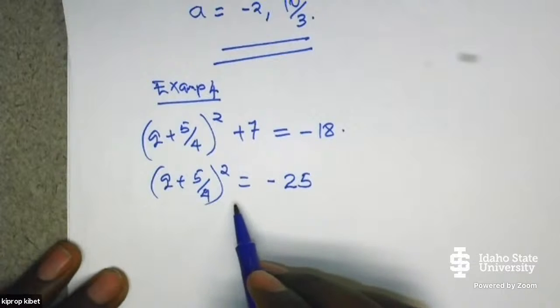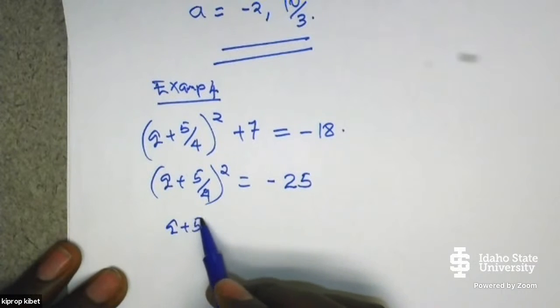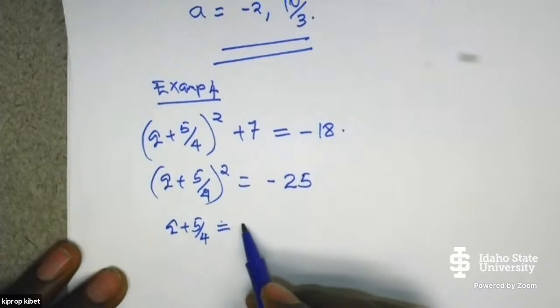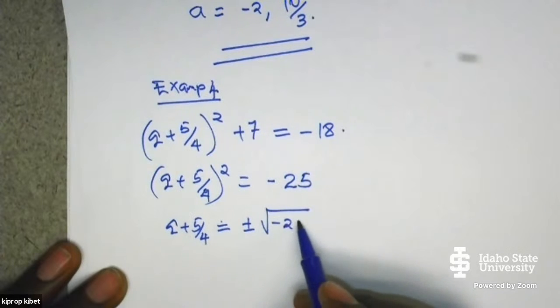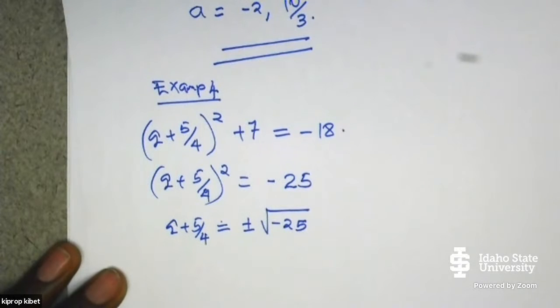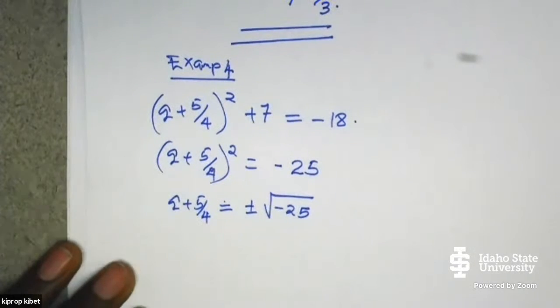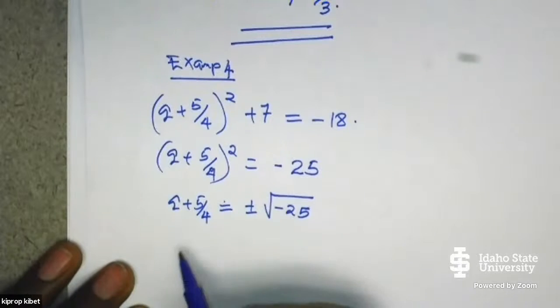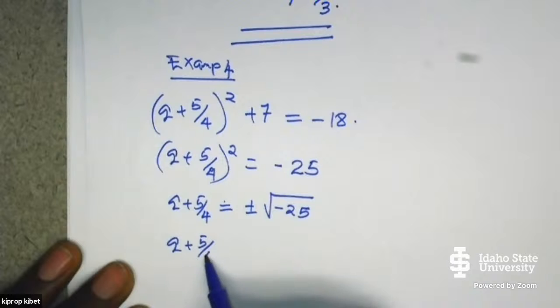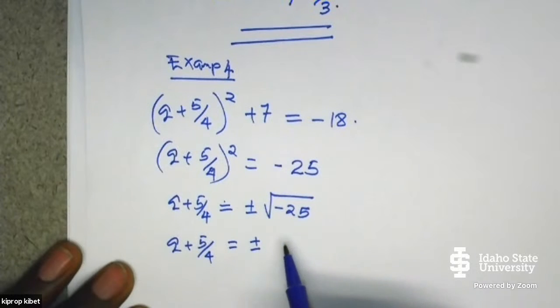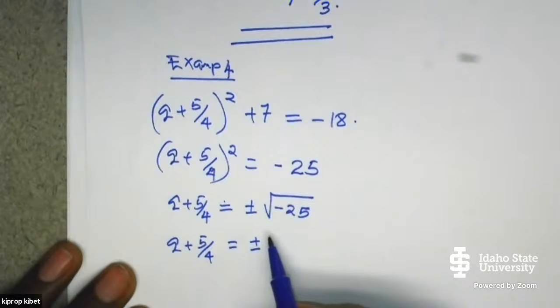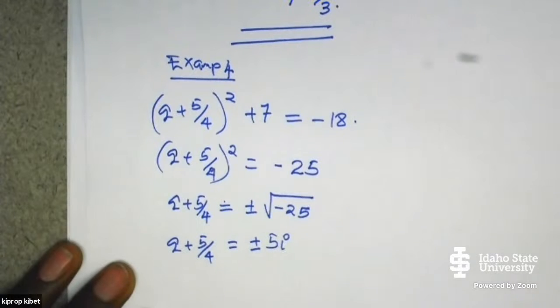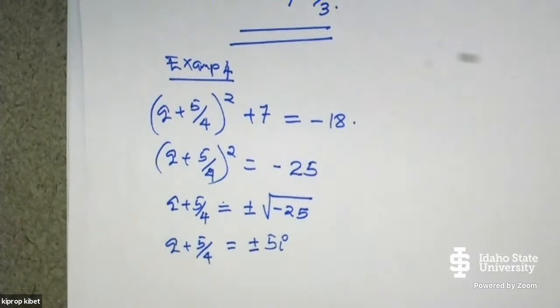So using the square root property, q plus 5 all over 4 equals plus or minus the square root of negative 25. So therefore, q plus 5 all over 4 equals plus or minus 5i, since it is the square root of negative 25.